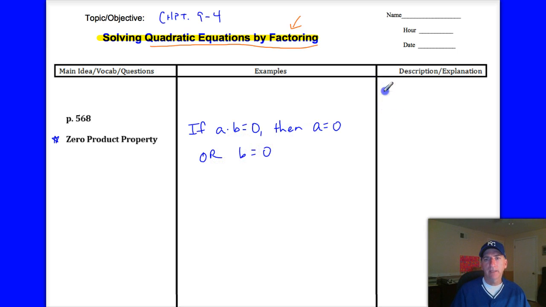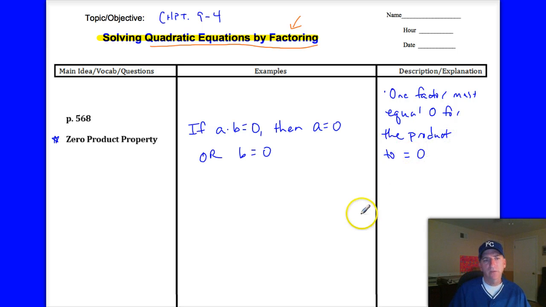Okay? What it means is that one factor must equal 0 for the product to equal 0. Okay, so that's the first thing.